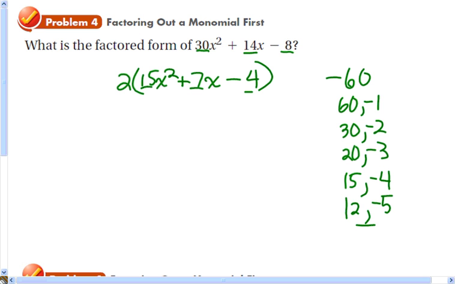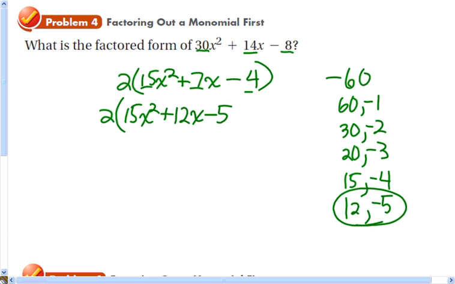There it is. 12 plus negative 5 is 7, so that's what I want to use. So I'm going to do 2, and then in the parentheses here I'm going to have 15x squared plus 12x minus 5x minus 4. Now I'm going to factor that.